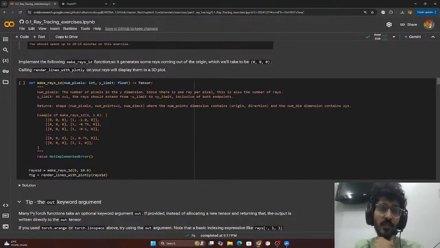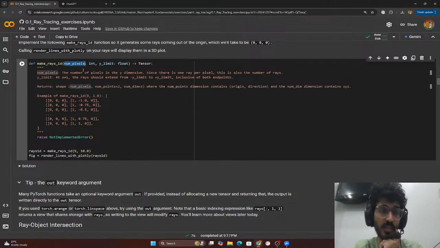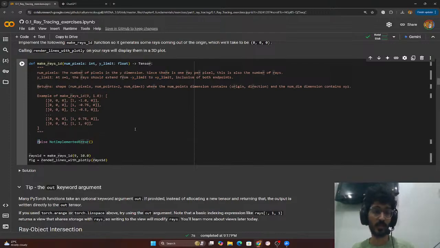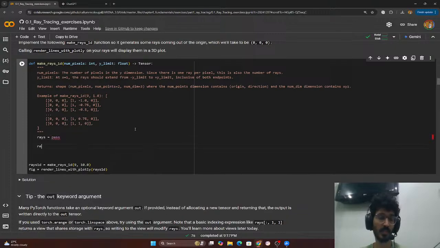So implement the following functions. Generate some rays coming out of the origin, with num pixels and y limit. Start off by initializing rays, and eventually we're going to make some changes to it and return it.